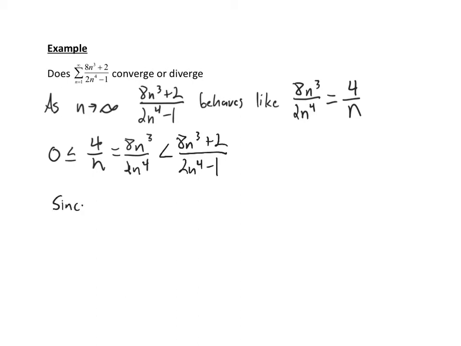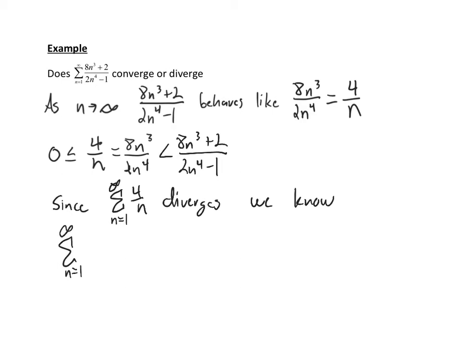So since the series from n equals 1 to infinity of 4 over n diverges, because it's a p series with p not greater than 1, and it's less than the thing we're considering, we know the series from n equals 1 to infinity of 8n cubed plus 2 over 2n to the fourth minus 1 diverges also.